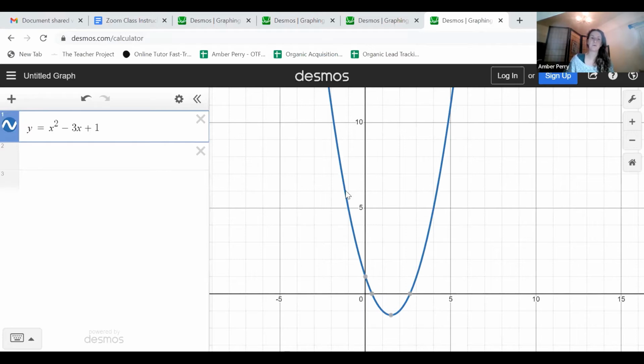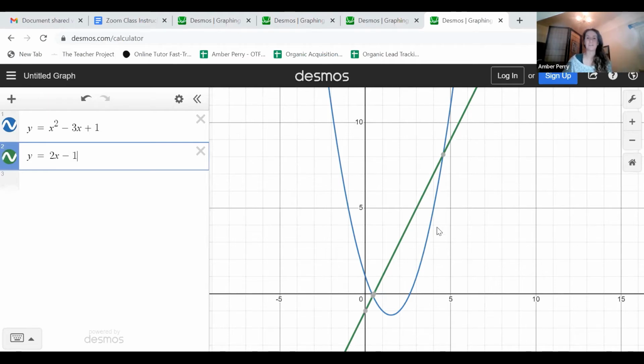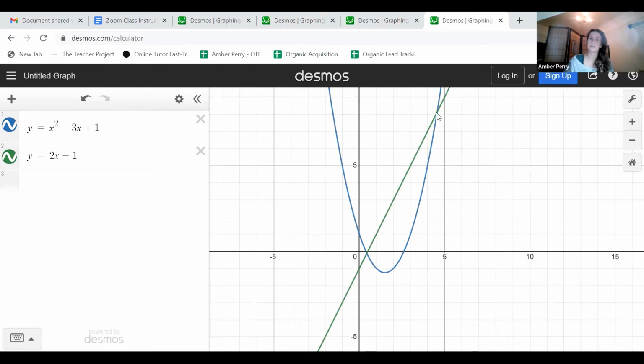And then you might get part C. And part C might be to draw the graph of y equals 2x minus 1 or something like that. So to draw a linear graph over the top of it. And so you would draw that just from your knowledge of linear graphs, which we did last time. And you'll see that they have 2 points where they actually meet, okay?